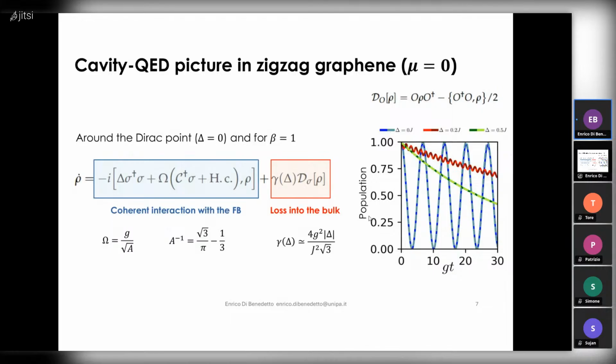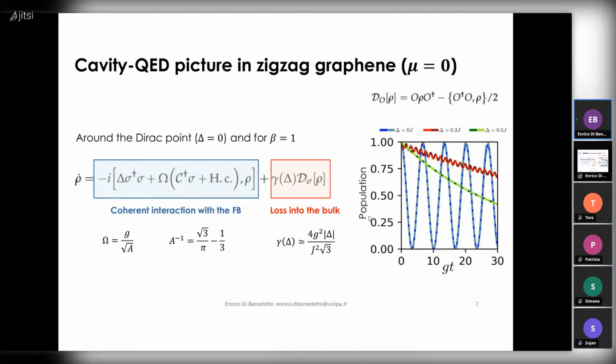We have to also take into account the fact that my qubit will also dissipate into the bath modes. And if you take that into account, basically you take your full Hamiltonian and you trace out, under the usual Markov approximation, the degrees of freedom of the bath modes, then you end up with this effective master equation, in which you see the Hamiltonian coherent term. This is for a single qubit.